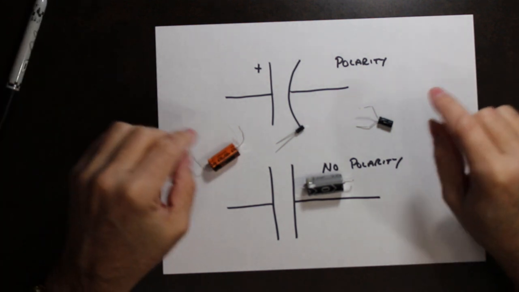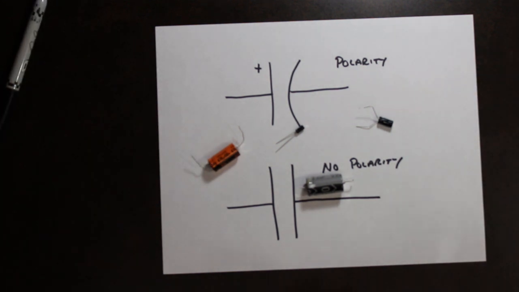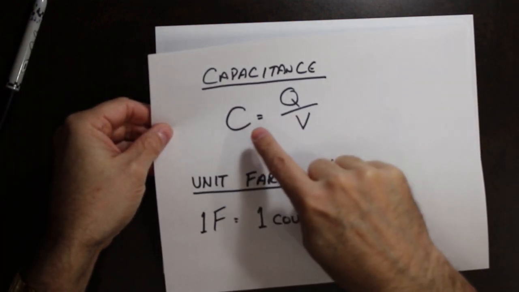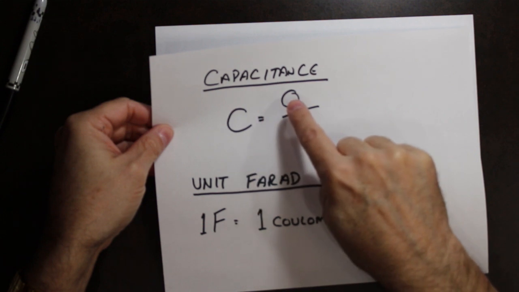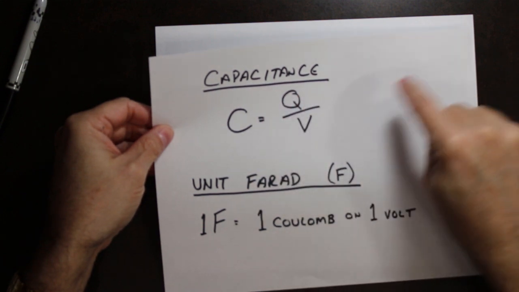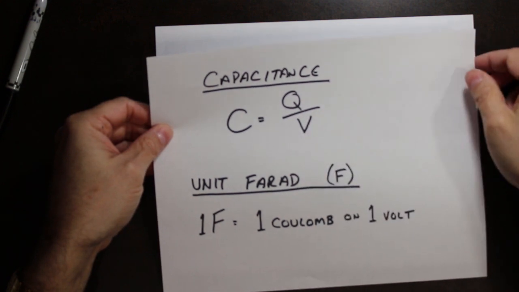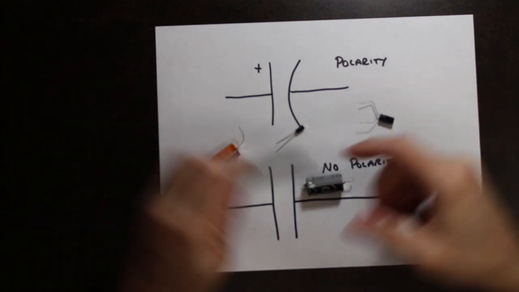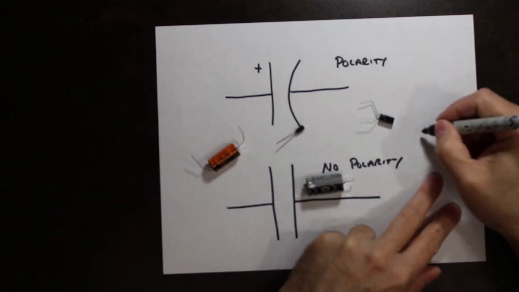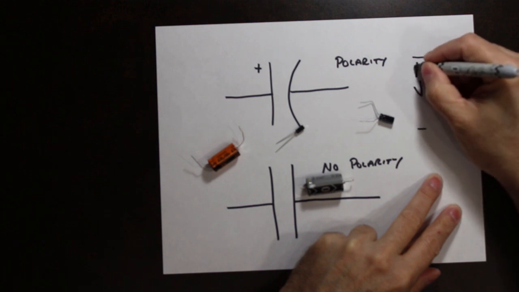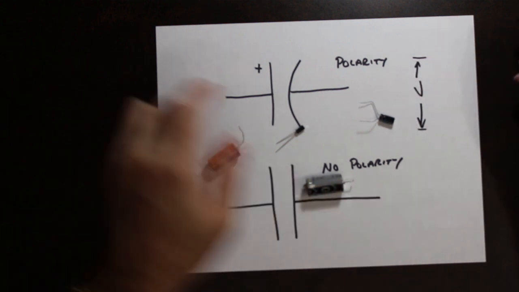Well, any capacitor has a capacitance value, so how much charge storage, and a voltage. The voltage rating of a capacitor figures out how much voltage you can actually put across a capacitor and have it store that value.